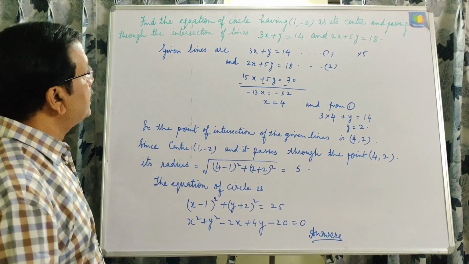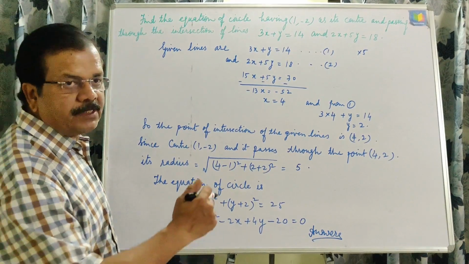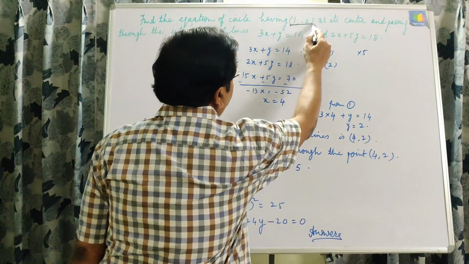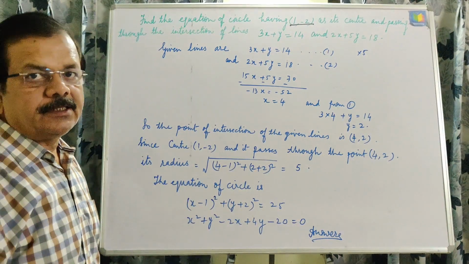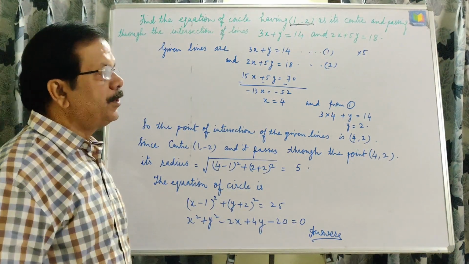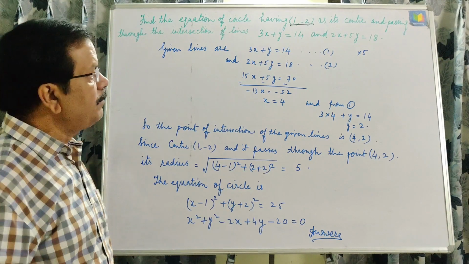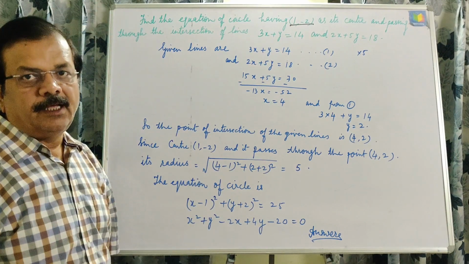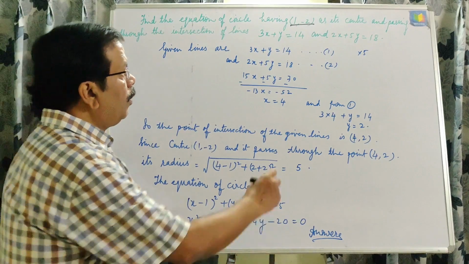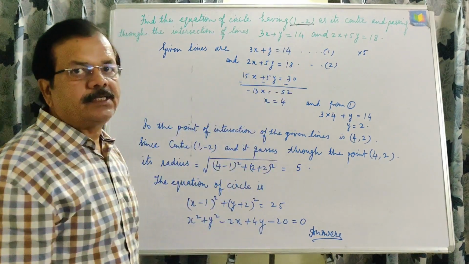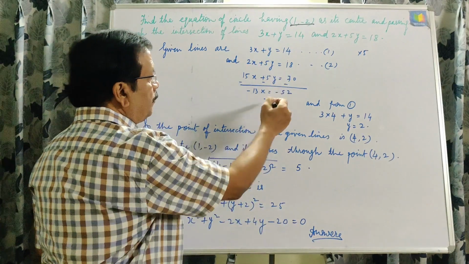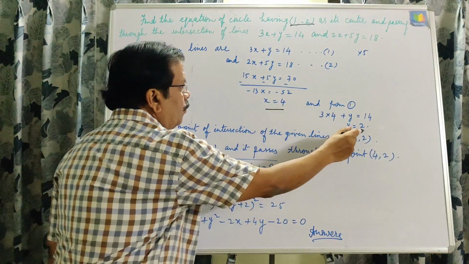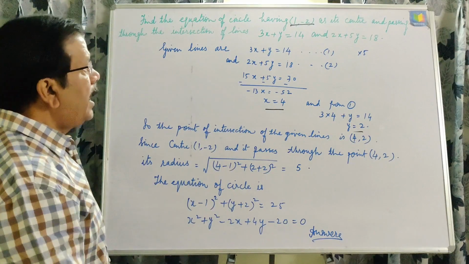Now next question. Find the equation of circle having (1, -2) as its center and passing through the intersection of the lines 3x + y = 14 and 2x + 5y = 18. First of all we will solve these two equations using simultaneous linear equations, and after solving we get x = 4 and y = 2.